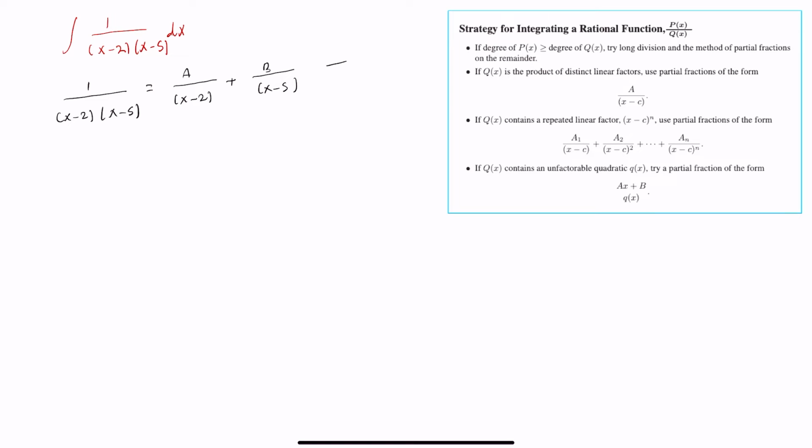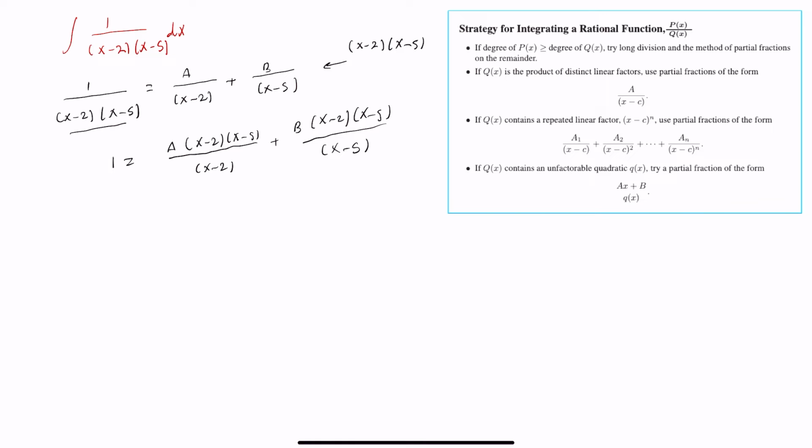First, I'm going to multiply both sides by the denominator, which is (x minus 2)(x minus 5). The left side is just equal to 1, and on the right side it's A times (x minus 2)(x minus 5) over its denominator x minus 2, plus B times (x minus 2)(x minus 5) over its denominator x minus 5.